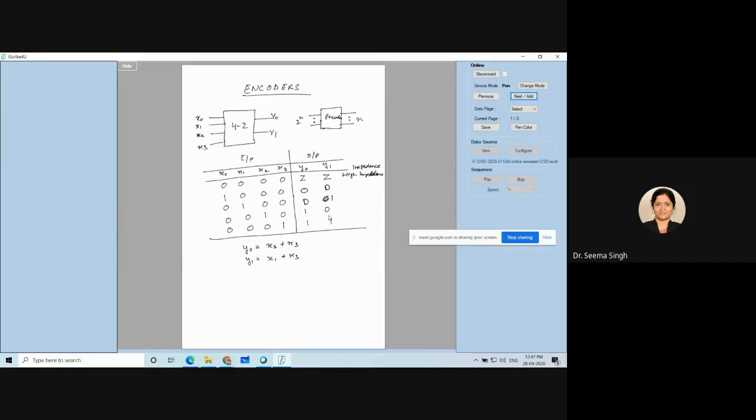Now this is your first circuit only. With this small first circuit, I will also tell you about the priority encoder. We have something called a priority encoder. So now you write the next topic name as 4 to 2 priority encoder.